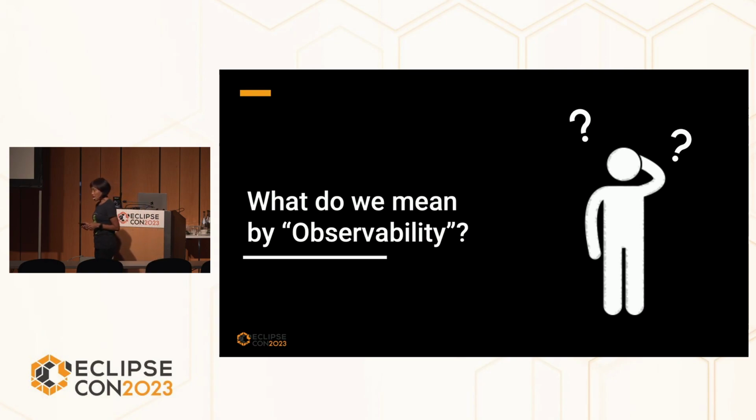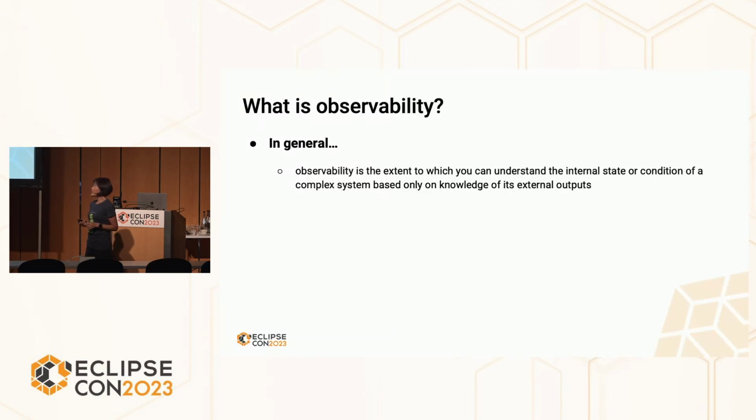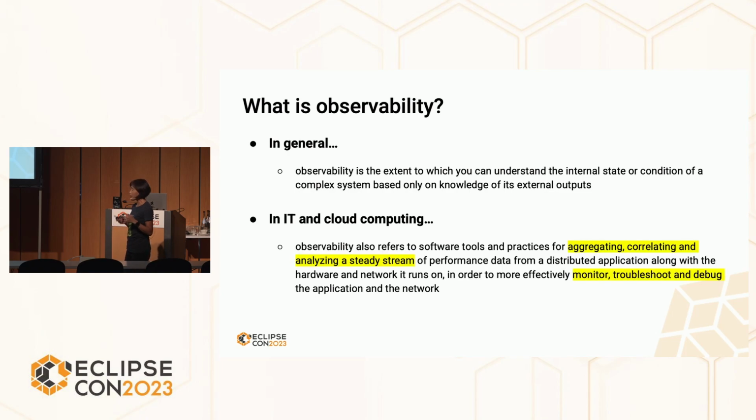So what do we mean by observability exactly? In general, observability means you look at the internal state, go beyond it, and find out what's actually happening.